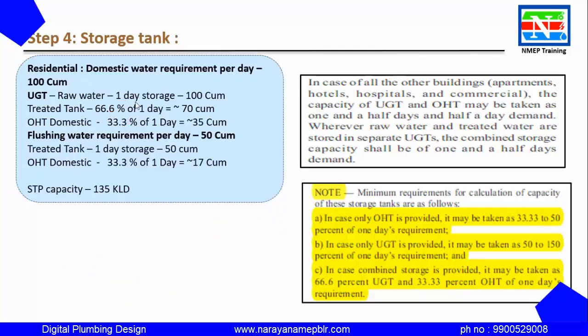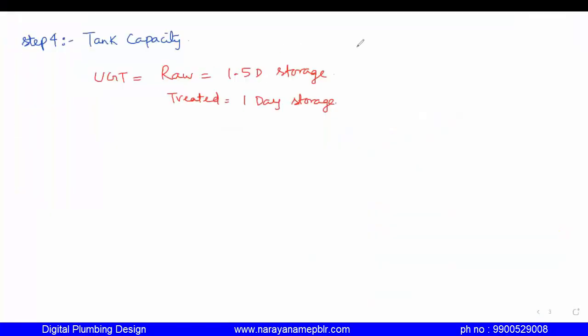So same thing, I'll take 1 day for raw water, and for treated water I'll take 0.66 storage. So 1 day storage, this raw water means your domestic water, right? So domestic water will be how much?